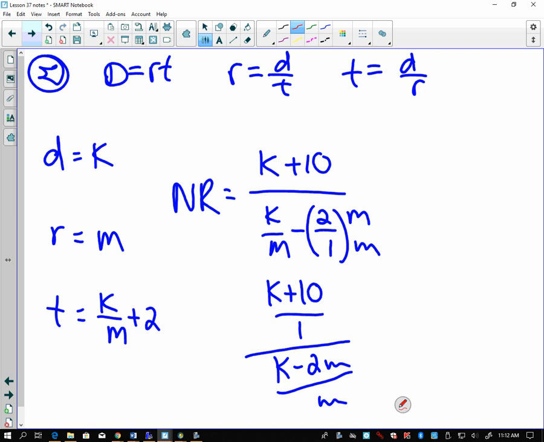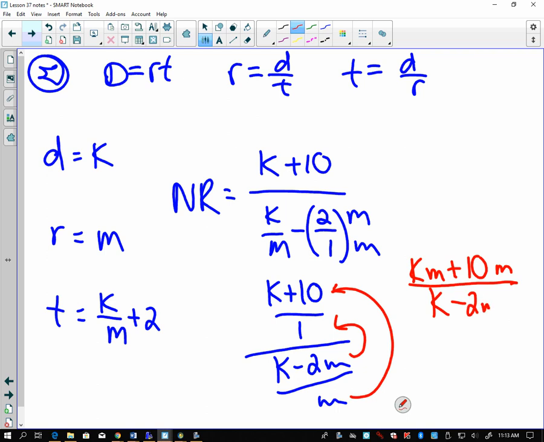Multiply by the reciprocal, because I'm taking a fraction dividing by a fraction. So I am getting km plus 10m over k minus 2m, and it's rate, so it should be miles per hour.